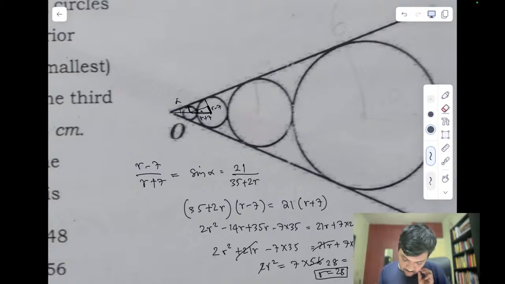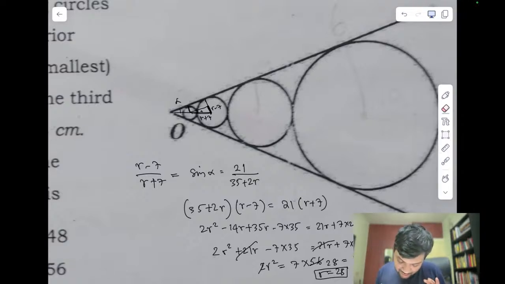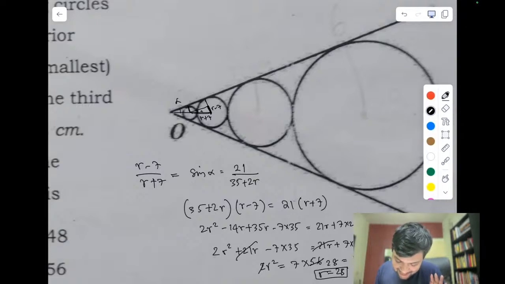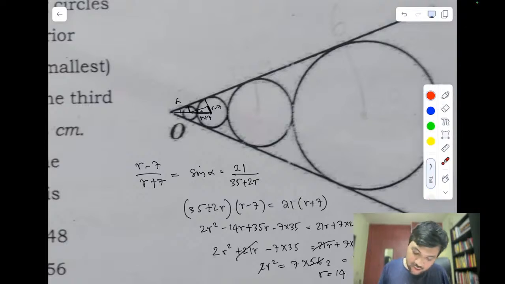So I think, sorry, 7 into not 4 square, 7 into 2 square, right? 7 into 28 is 7 into 7 into 4, 7 into 2 square. Yeah, thank God. It's 14. Okay. It has to be less than 28. 14. Okay, fine. All right, awesome.